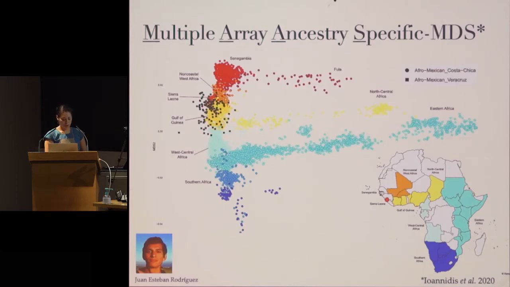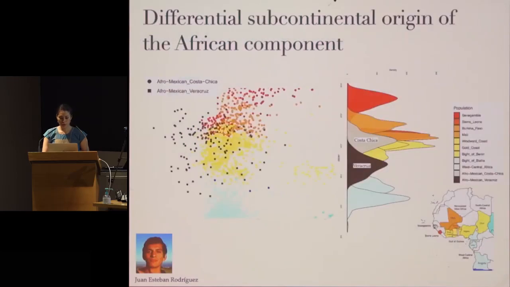So this was another indication of different potential sources of these groups. The colors correspond to the colors in the map of Africa, and as expected, they fall within West African populations. If we zoom here, we see again the circles and the squares.